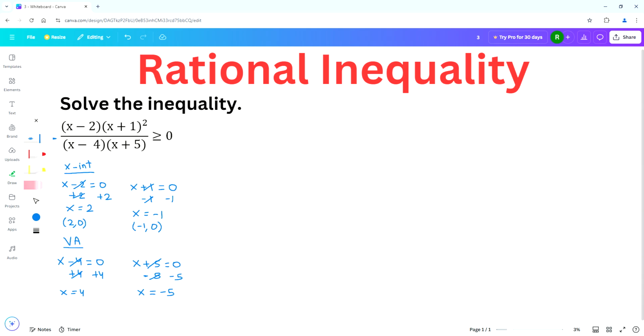Now we can use the number line method. We should draw a number line and show the values for intercepts and vertical asymptotes. There is a vertical asymptote at negative 5 and 4.